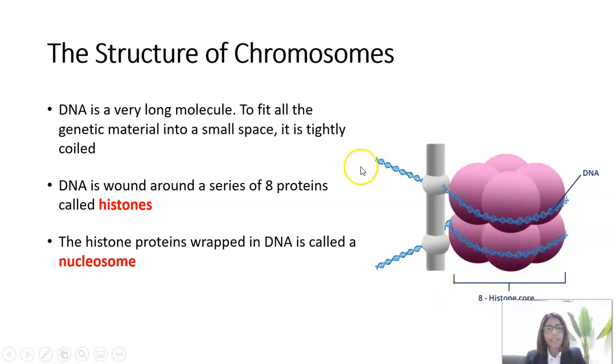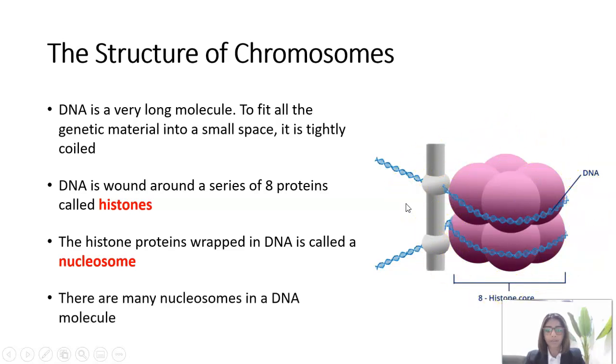Now, when the DNA wraps itself around histones, we call it a nucleosome. So what you're seeing here is one nucleosome. And within DNA, there are many of these nucleosomes. And the reason why we have that is almost like a spool to wrap our DNA thread around to save space.